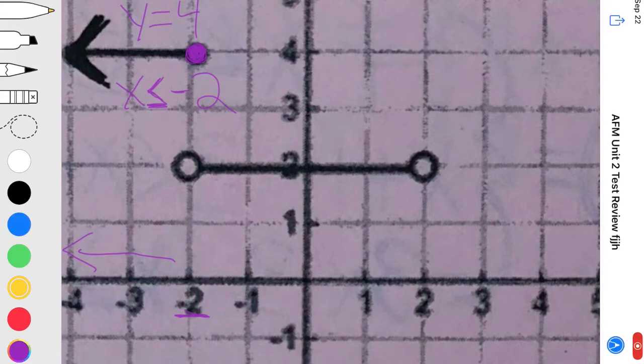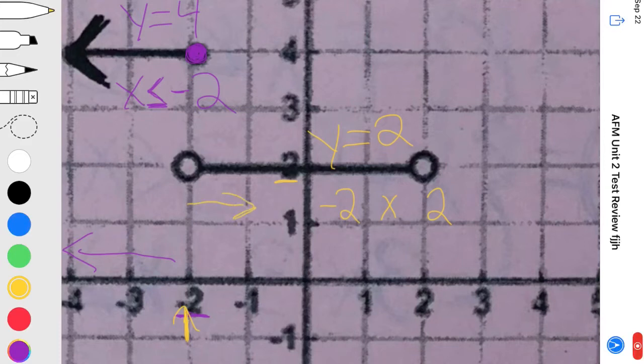Step 2 is another horizontal line. So we have y equals whatever y value it goes through, which is 2. We have to create the restrictions. So x starts at -2 and goes all the way to +2. It cannot equal -2, and it cannot equal +2, so we do not have any "or equal to" in this step.